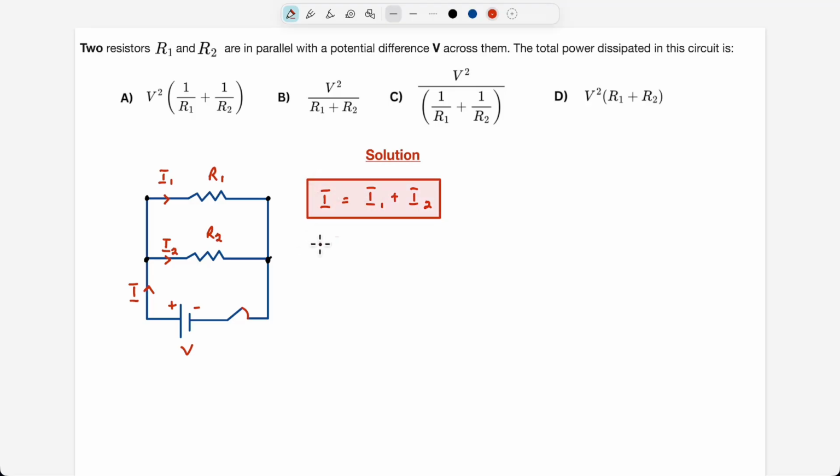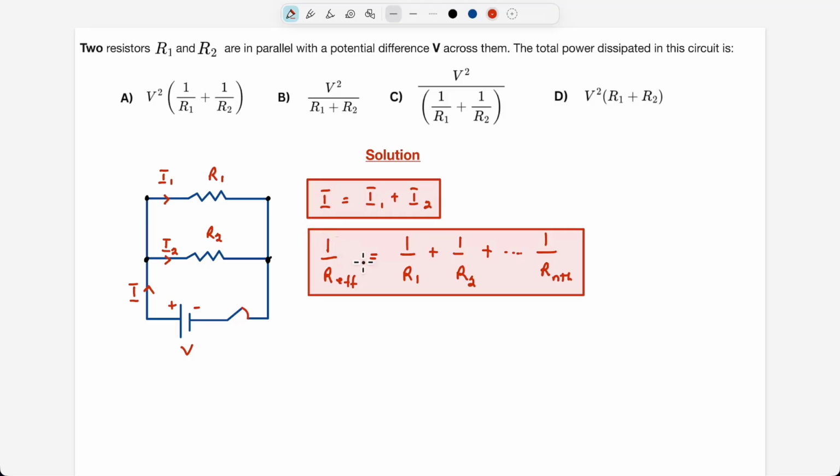The next thing to note is the total resistance for this circuit. For a parallel circuit, the effective resistance is given as 1 over R effective is equal to 1 over R1 plus 1 over R2. So if we have more resistors that are all connected in parallel, then we are going to have plus all the way to 1 over Rn for the nth resistor.